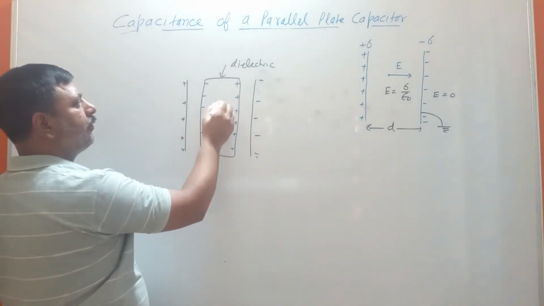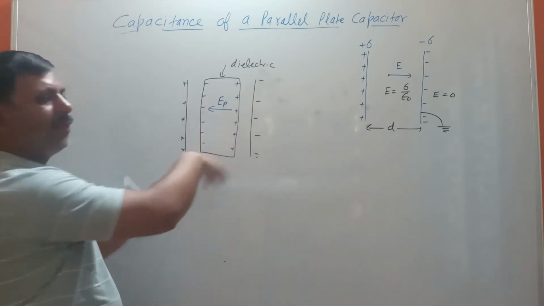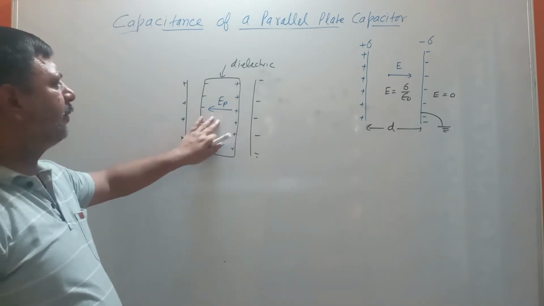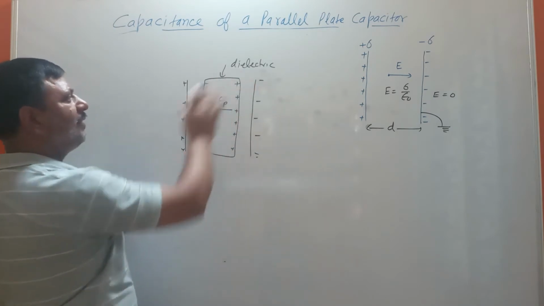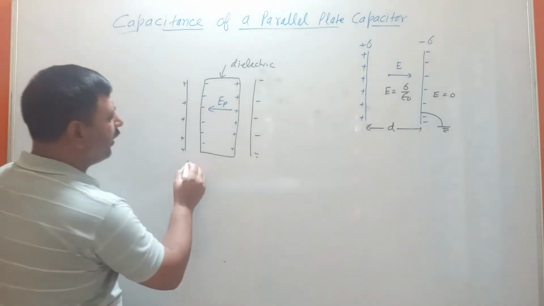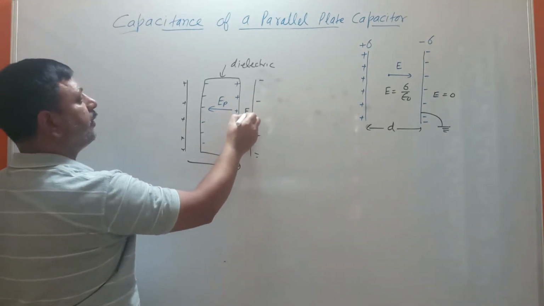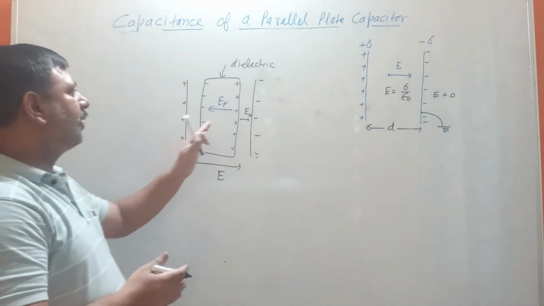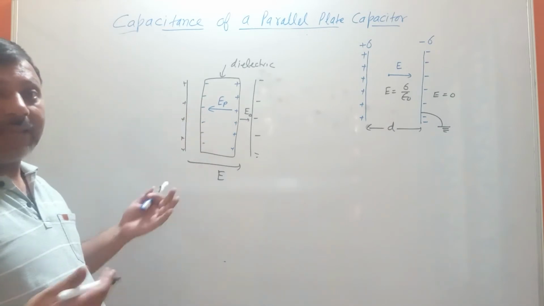Suppose this is EP. That depends upon the dielectric. One opposite electric field due to polarization is induced inside the dielectric. So suppose the external field between the plates is E naught, and EP is the electric field due to polarization, which is opposite to the external field.